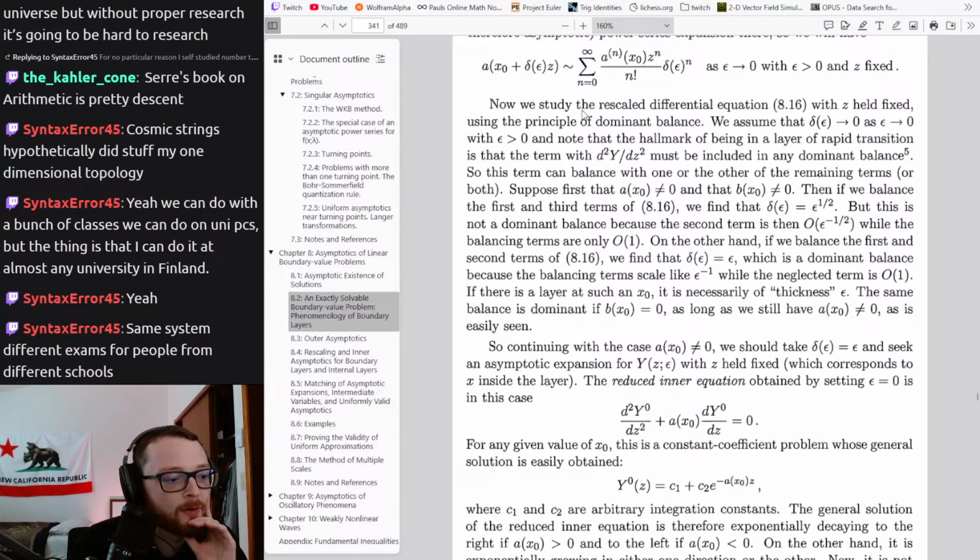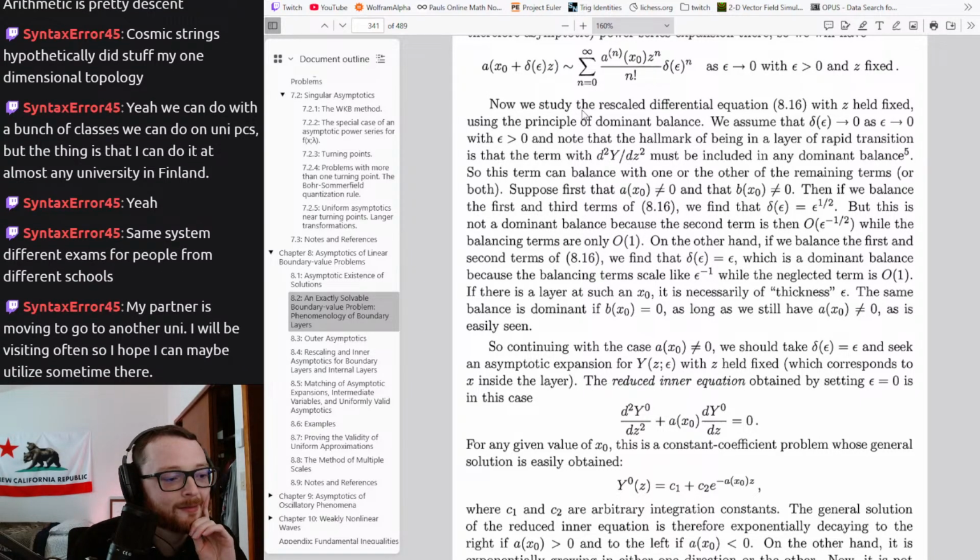Same system, different exams for people from different schools. Oh, huh. That's kind of crazy how it's integrated like that. Part is moving to go to another uni. I'll be visiting often, so I hope I can maybe utilize some time there. Ooh, yeah. I don't think we have anything like that.